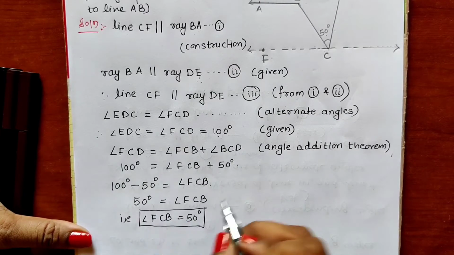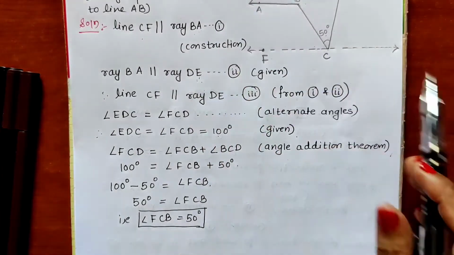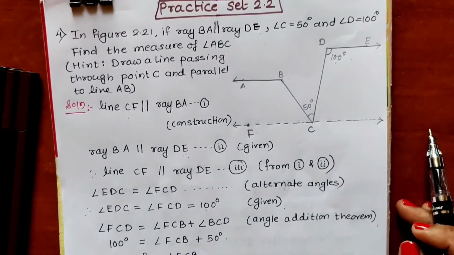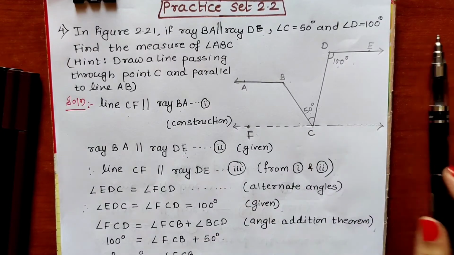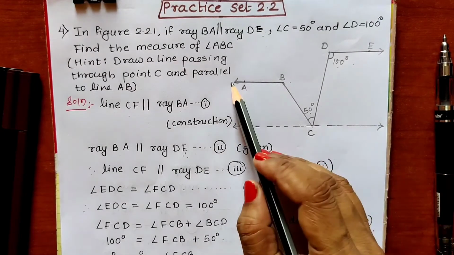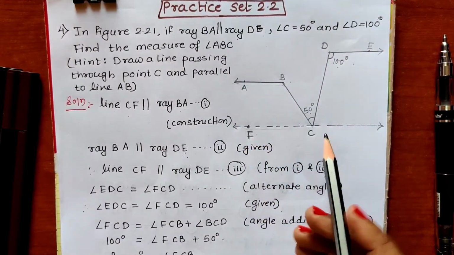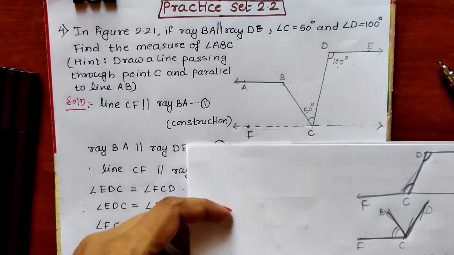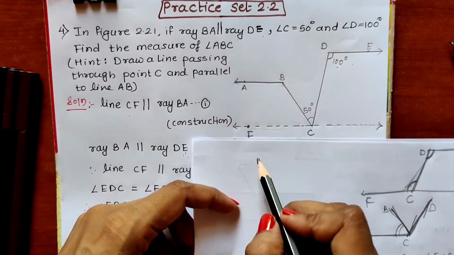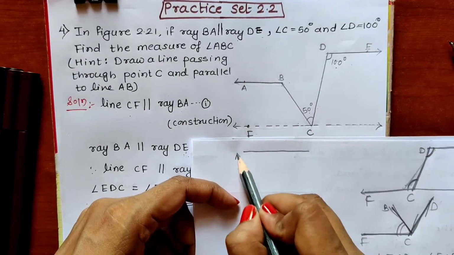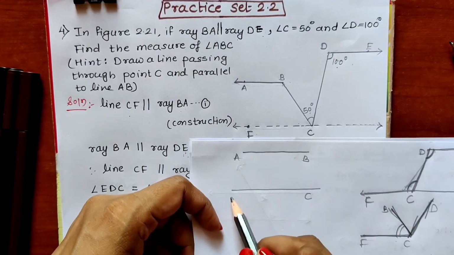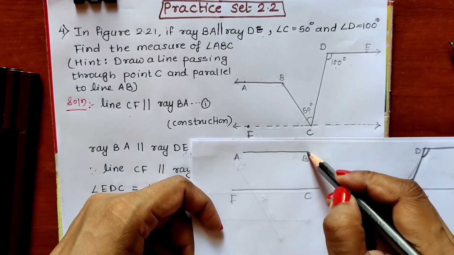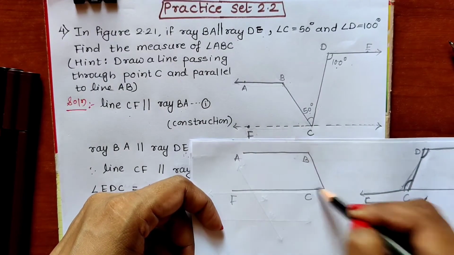What we have to find out is angle ABC. Now let us once again observe this figure. AB is parallel to CF, again I will be drawing here. This AB is parallel to CF, and we can see this transversal BC here.